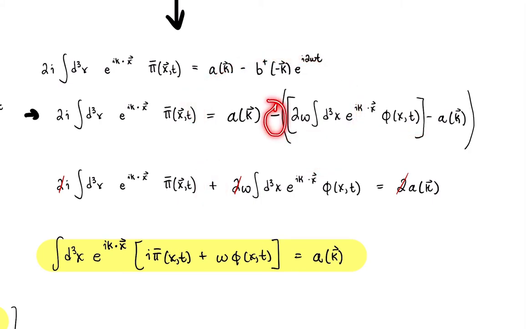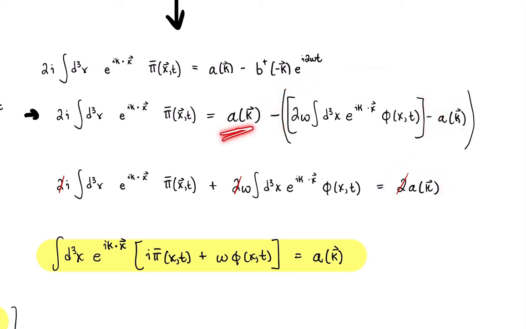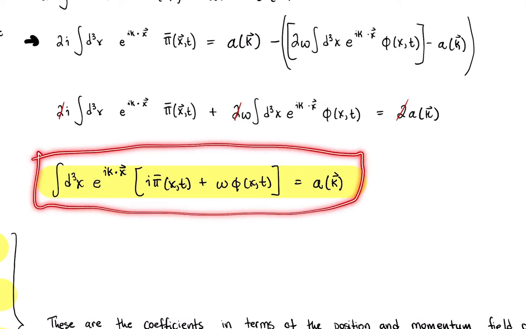And this minus sign is also going to get applied to here, and we're going to have two of these a k's, because there's an a k right here. Okay, so now we can cross out all the 2s, right? There's 2 on both sides. We're dividing both sides by 2. And then we come to this conclusion.